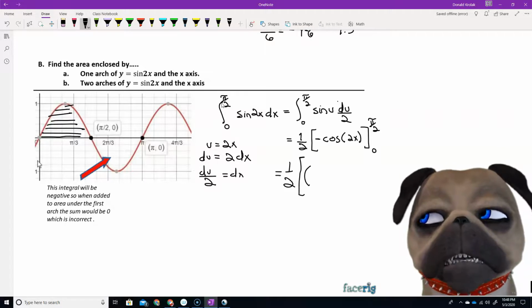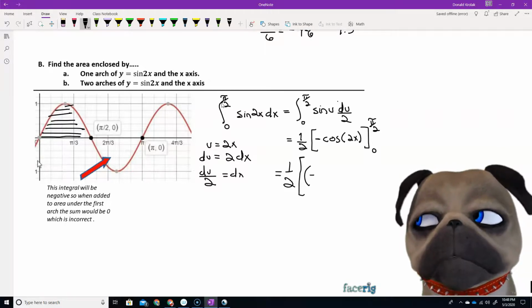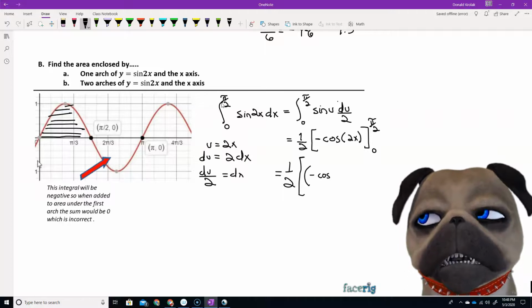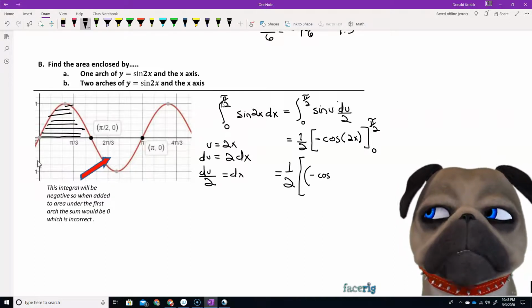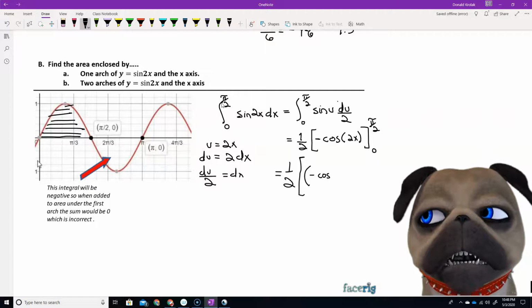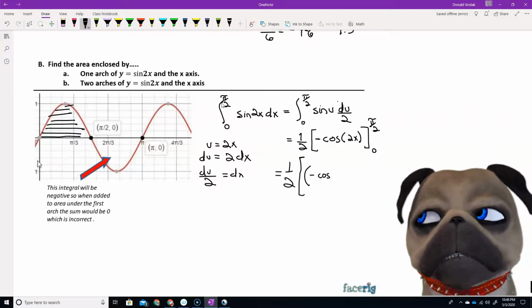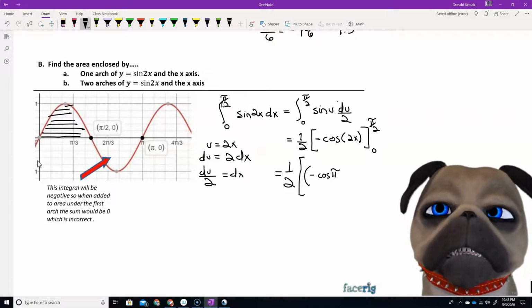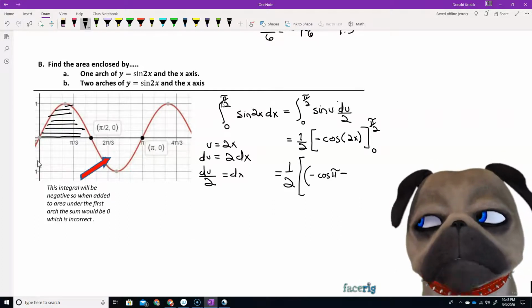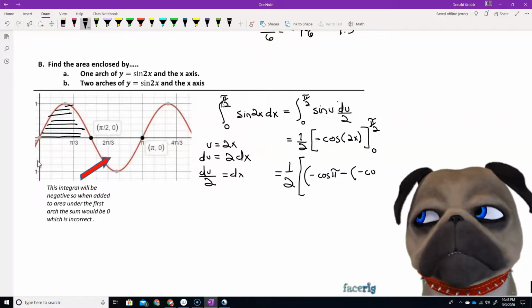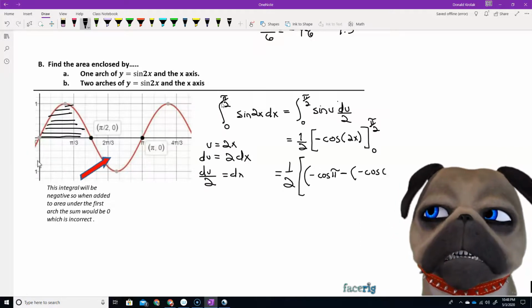So I'm going to substitute in pi over 2. So I got 2 times pi over 2, which is pi, minus, now substitute 0 in, cosine 2 times 0.